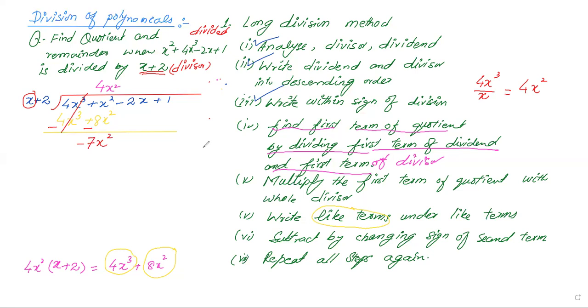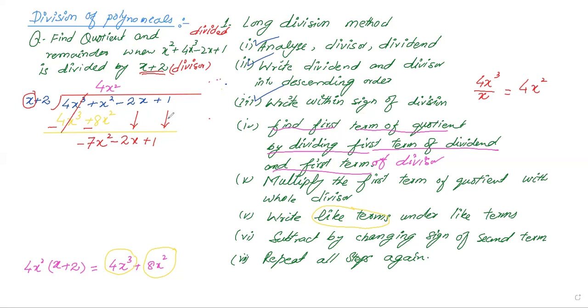Now all the terms which are left behind in the dividend, you have to shift over here: minus 7x squared minus 2x plus 1.